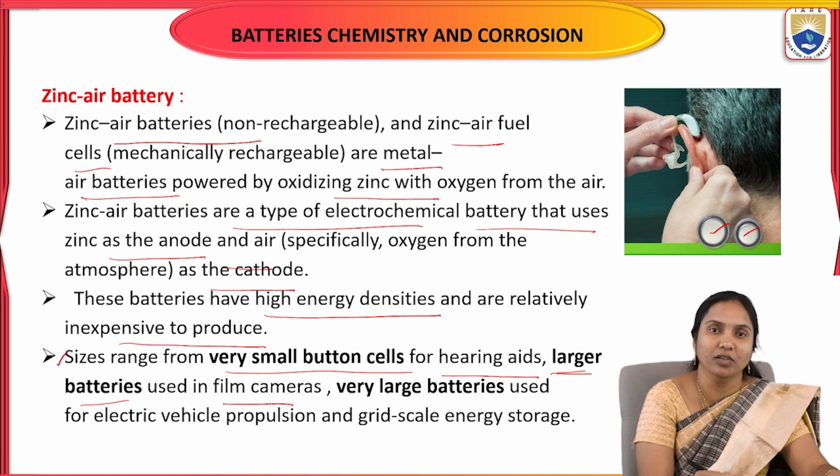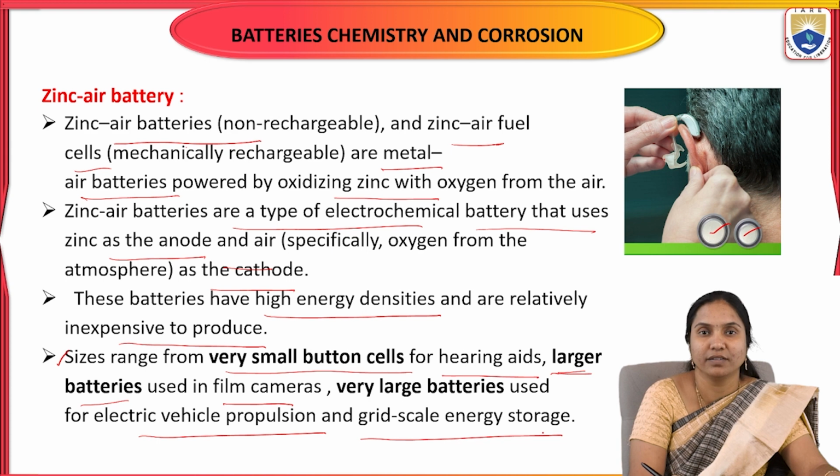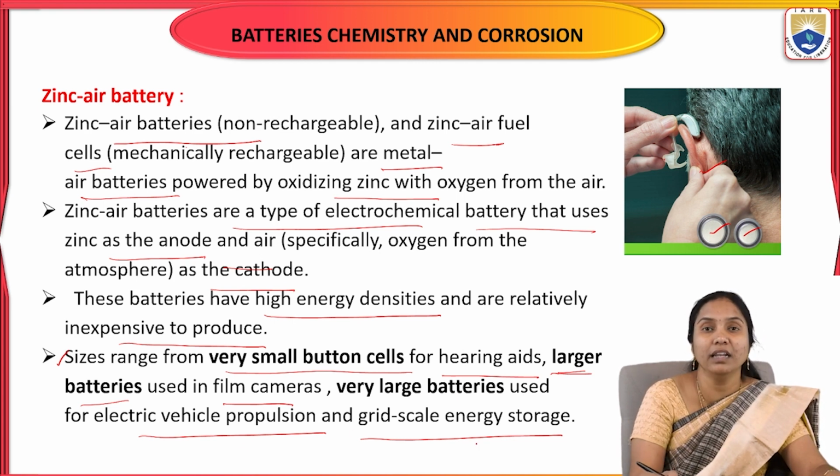Very large batteries are used in electric vehicle propulsion and grid scale energy storage. So these are available in different sizes: small size used in hearing aids, larger size used in film cameras, and very large size used in electric vehicle propulsion and grid scale energy storage.